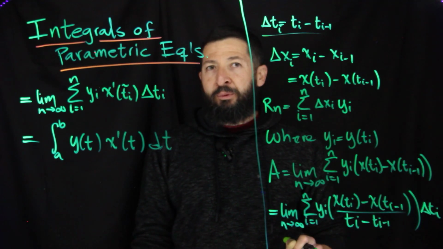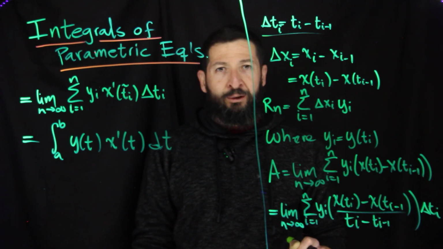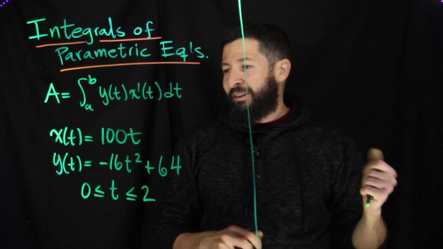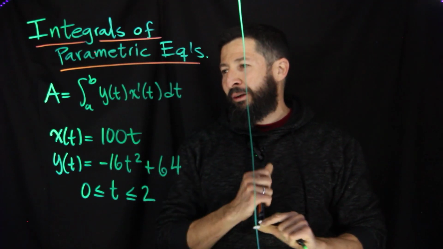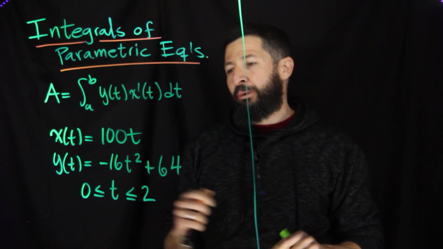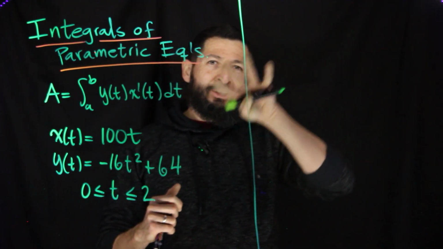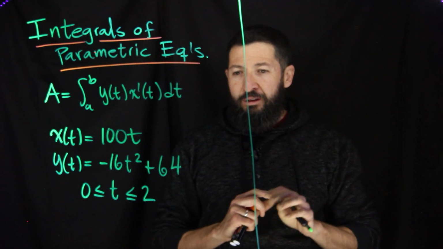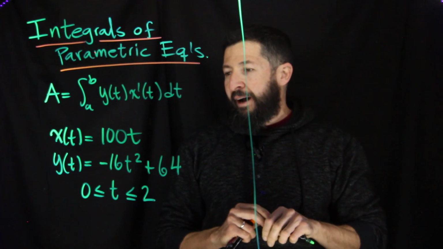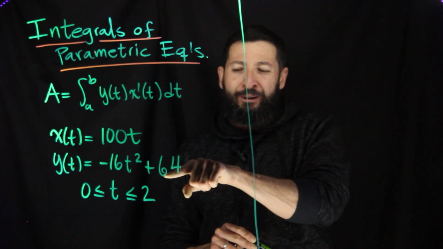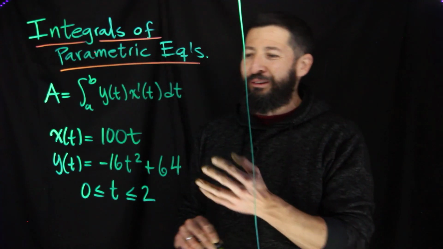Alright, so let's do one example real quick, and then I think we can wrap this video up. Let's return to a very similar example to the one we did in the previous video, where we were talking about a projectile being shot horizontally at a height of, I said 100, but now for the numbers to work nicely, I'm going to use 64.